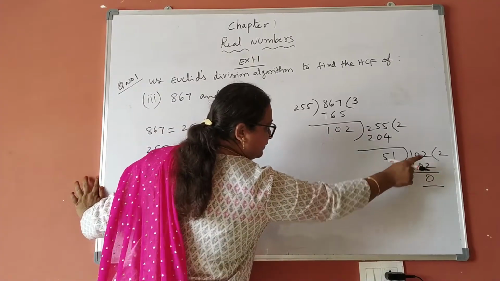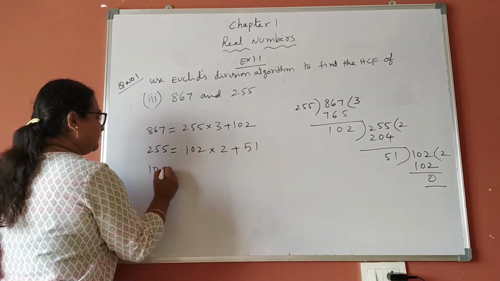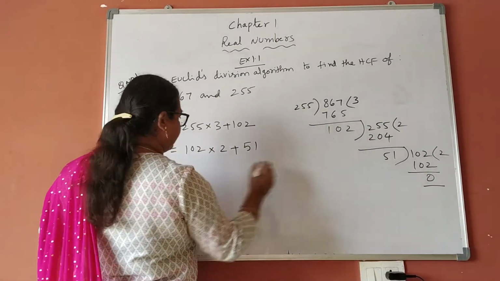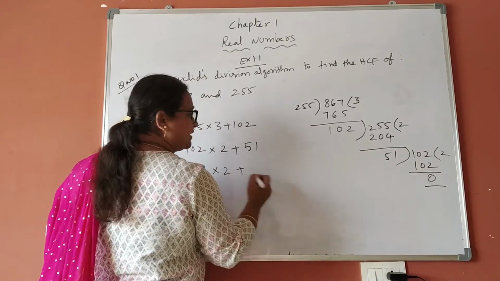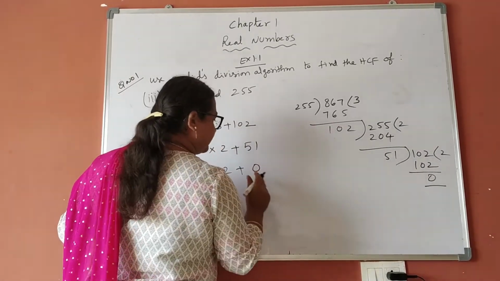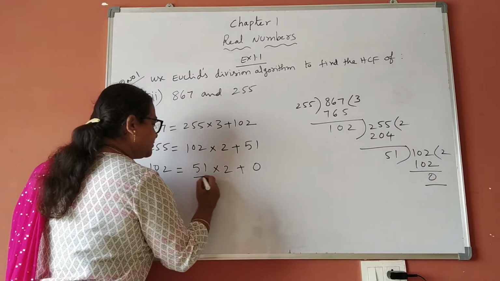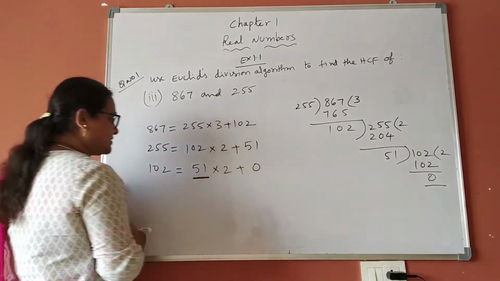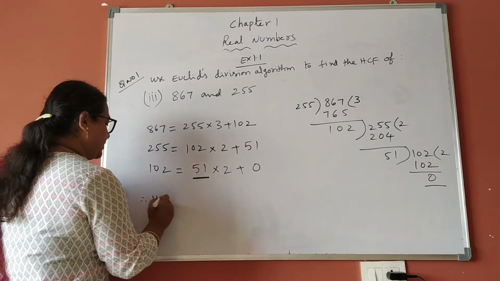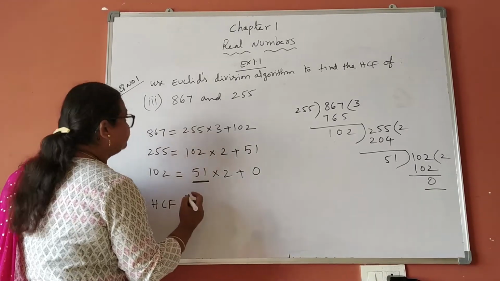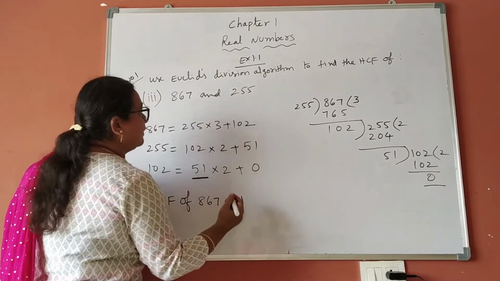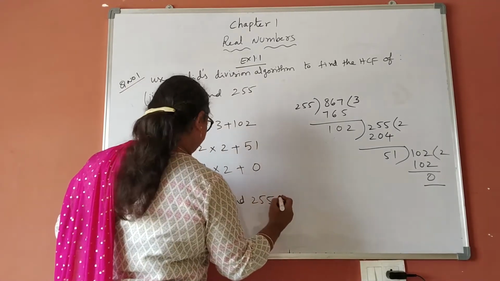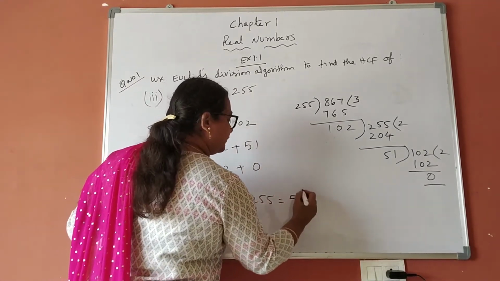Third step, dividend 102 is equal to divisor 51 into quotient 2 plus remainder 0. We got 0 remainder here, so that divisor will be the HCF. Therefore, HCF of 867 and 255 is equal to 51.